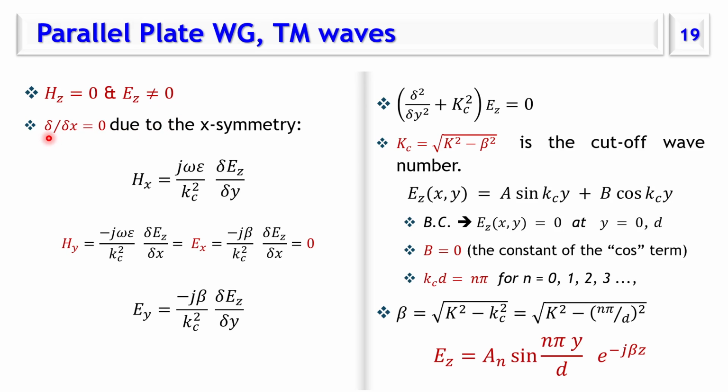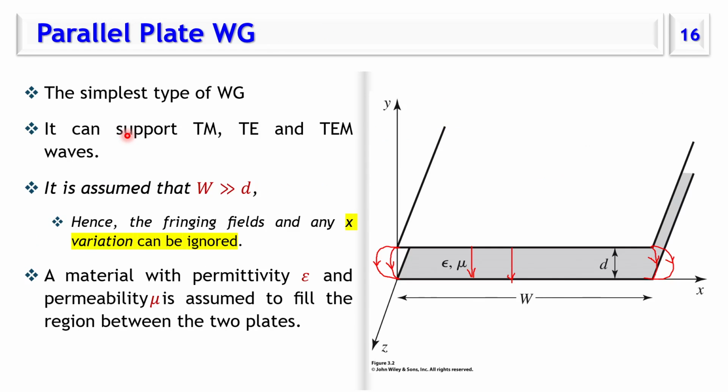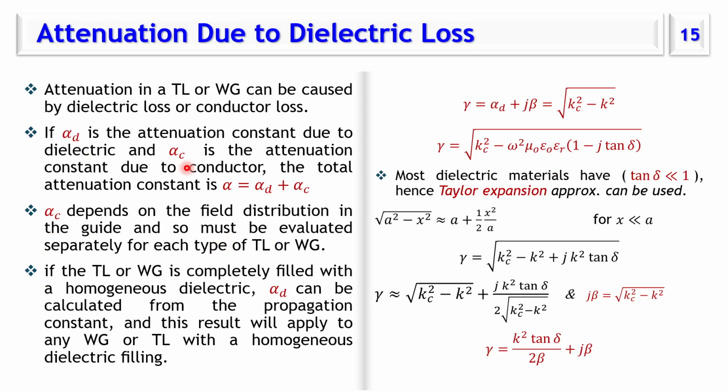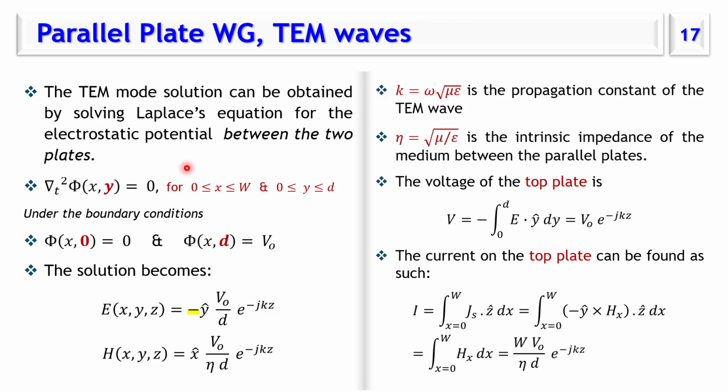Because of symmetry, partial x equals 0. So if we go to our 4 equations here, partial x equals 0, so there is no Hy and no Ex. We just have Ey and Hx.